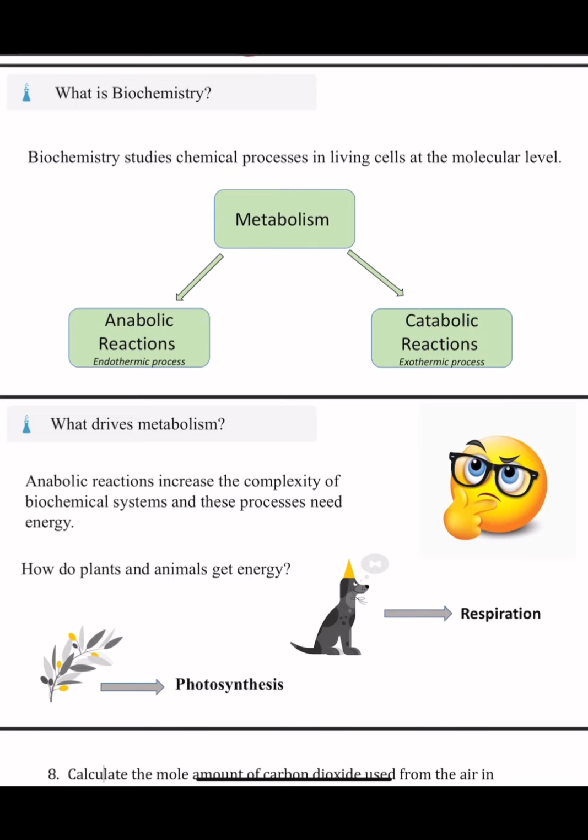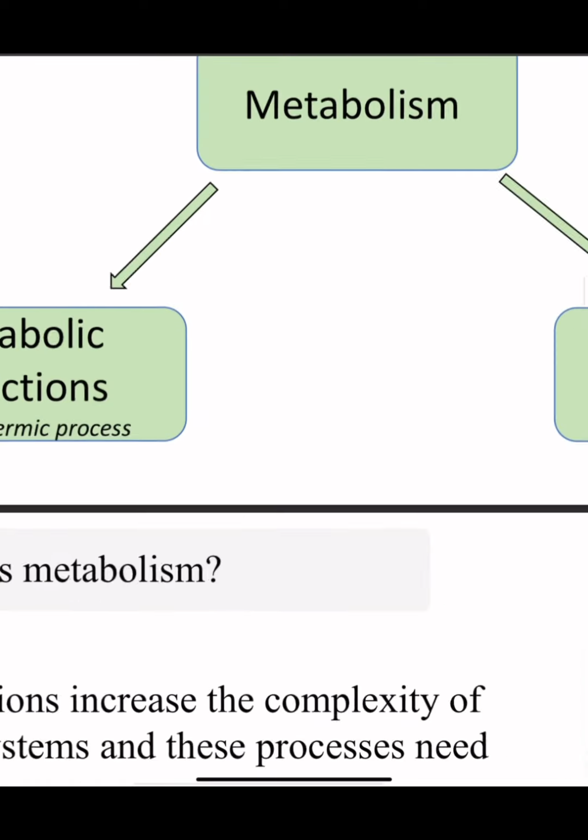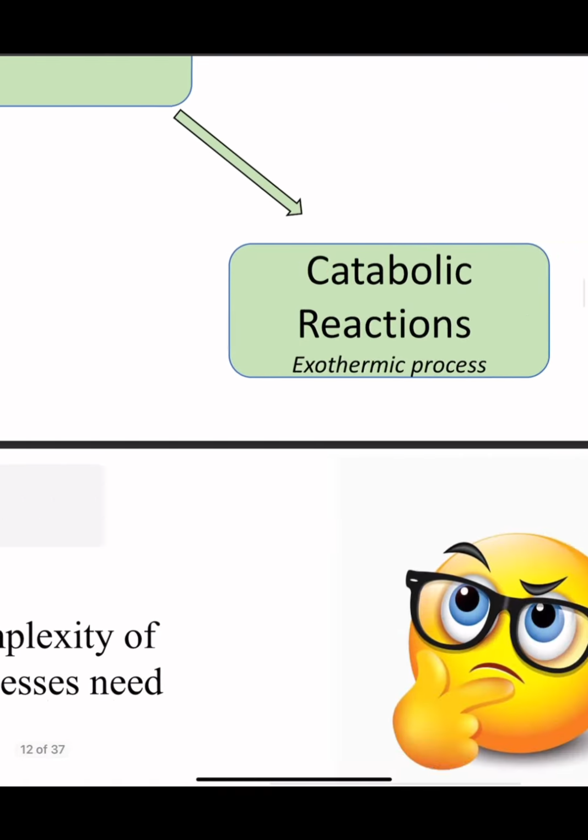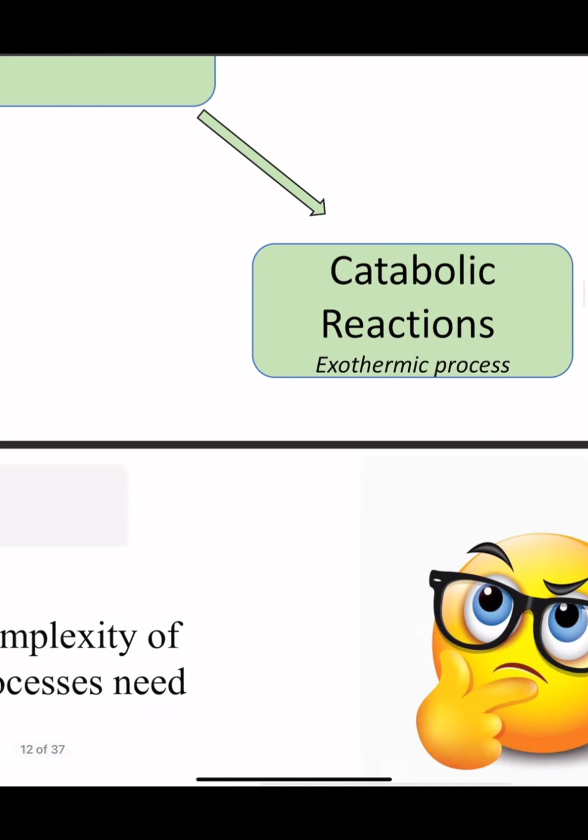Now about biochemistry. We talked about metabolism, and we said that metabolism divides into 2 types of reactions. One is anabolic, the other one is catabolic.